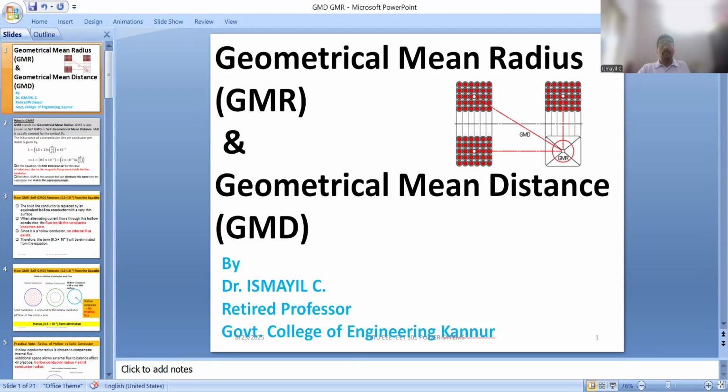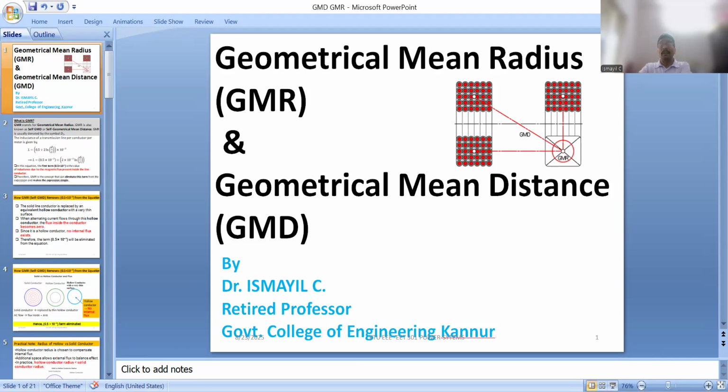We can see the concept through some diagrams. The first diagram shows a solid conductor. If such a solid conductor is used for transmission of power, when current flows through it, we know that the magnetic flux lines are there inside the conductor as well as outside the conductor. But if we are using a hollow conductor instead, the current will be confined to the hollow conductor surface.